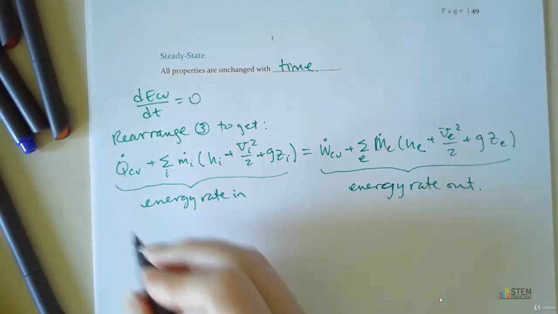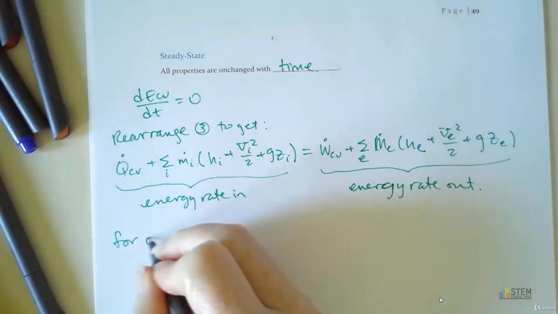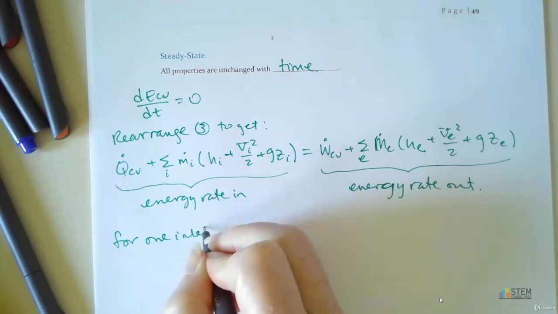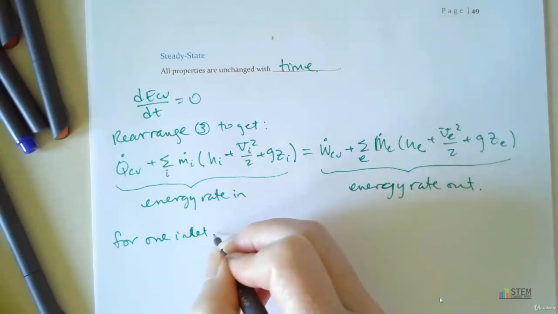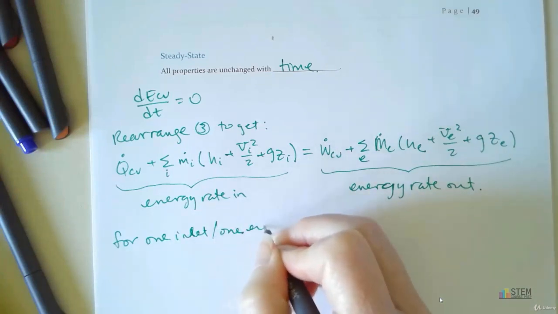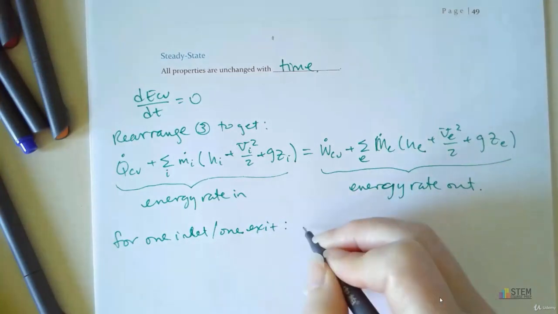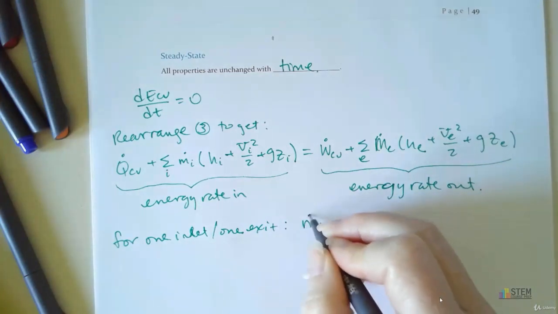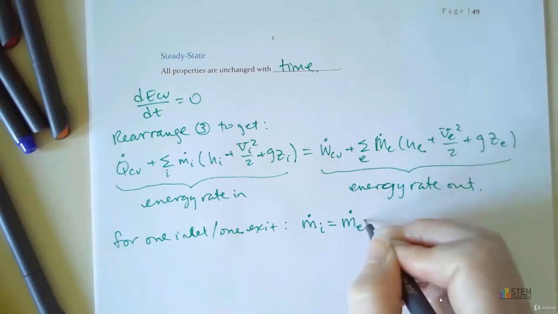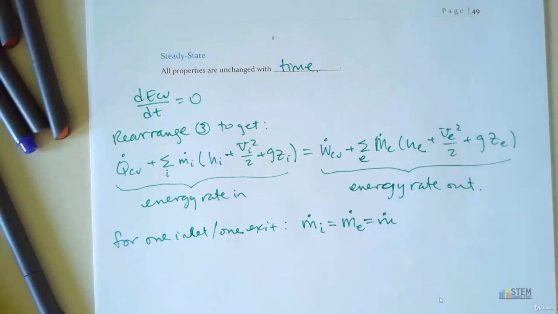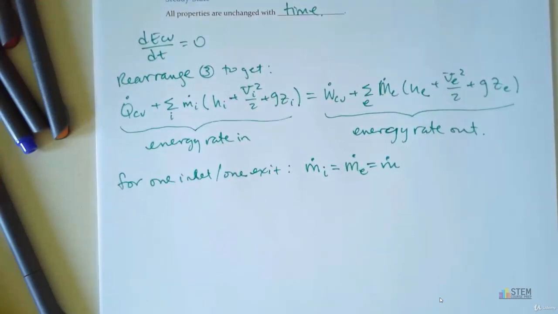Now for one inlet, one exit, what we're going to have is the case that m_i dot is going to equal m_e dot. So let's just call it m dot. So we'll simplify it.